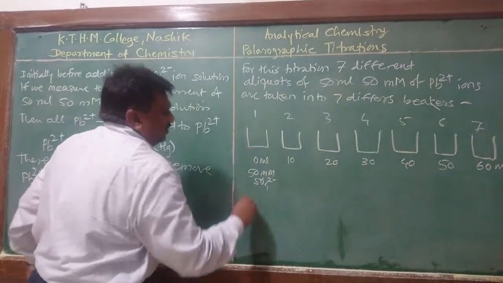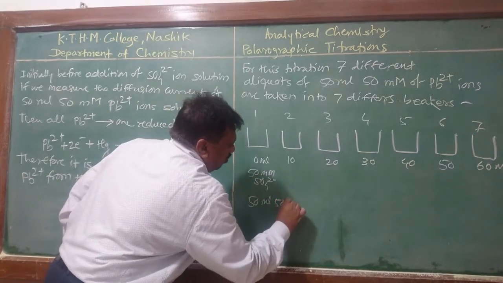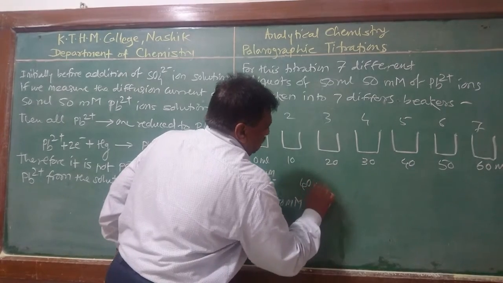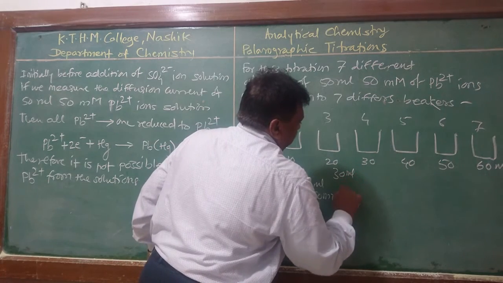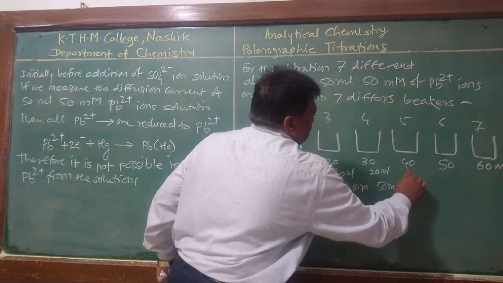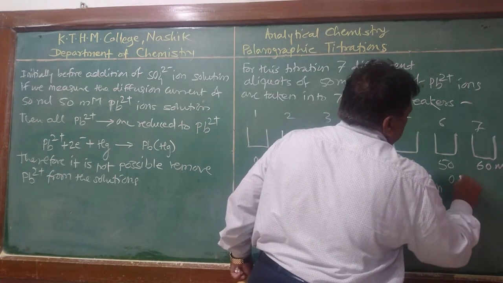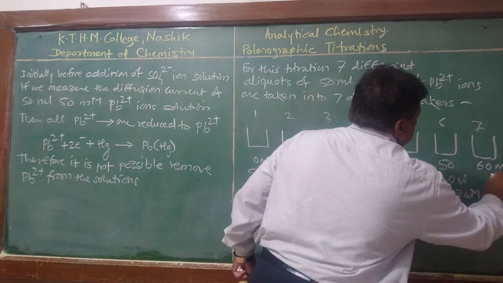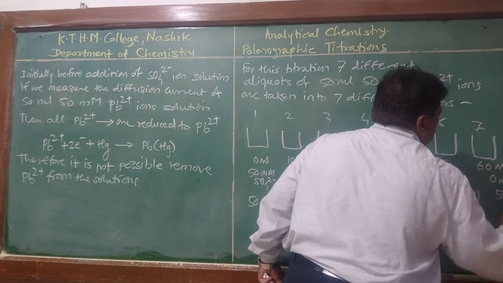Therefore, the amount of Pb remaining behind is: here 50 ml, 50 millimole Pb, here 40 ml, 50 millimole, here 30 ml, 50 millimole, 20 ml, 50 millimole, 10 ml, 50 millimole, 0 ml, 50 millimole means no lead ion.